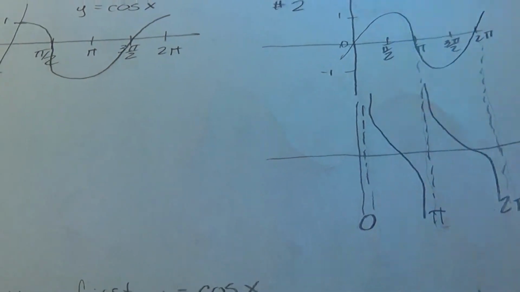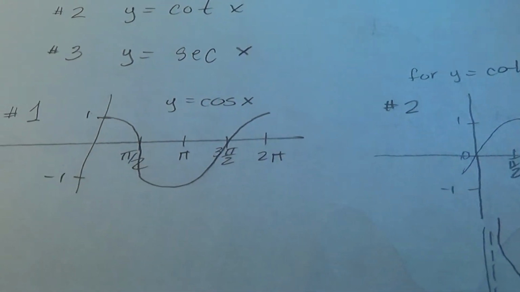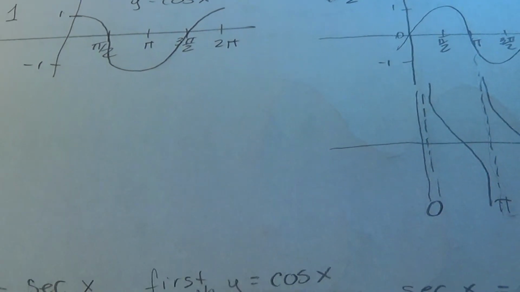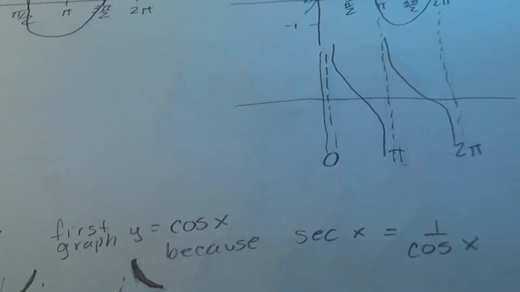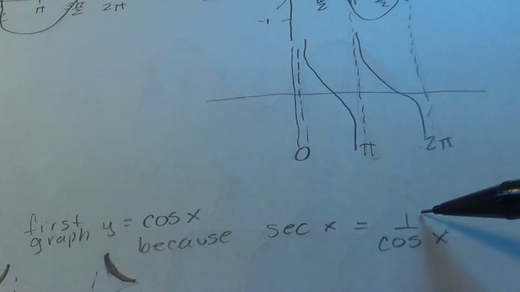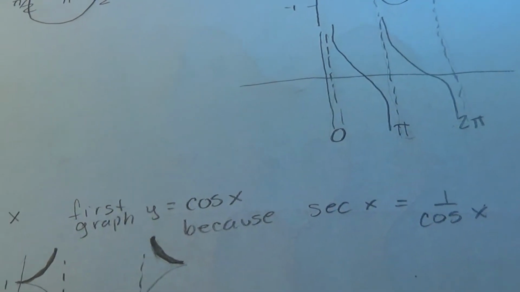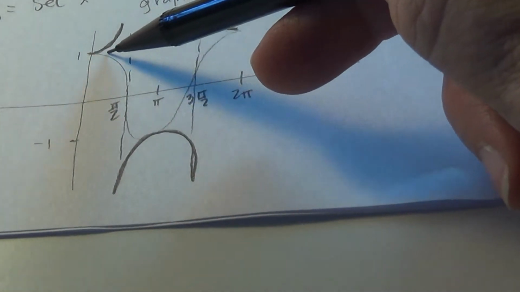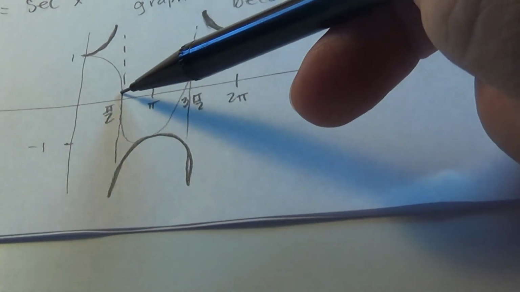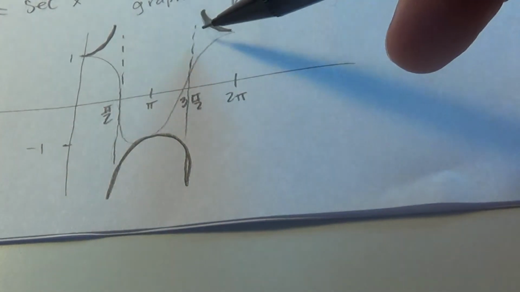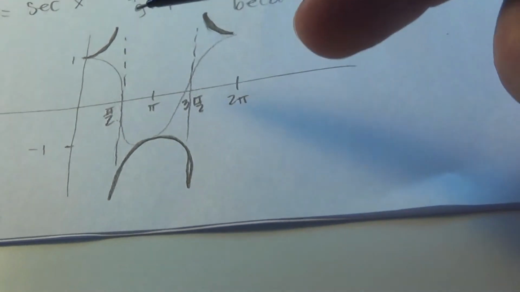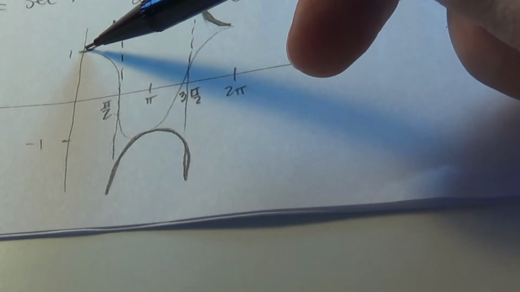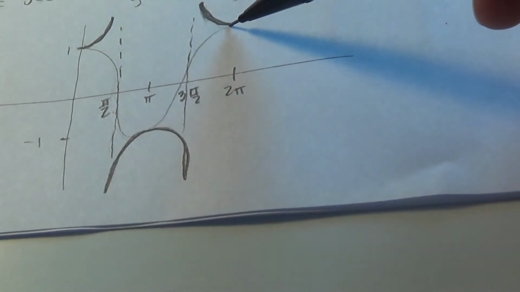All right, now the third one was y equals secant x. So to graph that, you need to graph first the cosine, because secant is the flip of cosine, so it equals 1 over cosine. So when we graph that one, here is my cosine, regular cosine. So where it zeroes out, I put in my asymptotes. I make sure they're labeled, and I know that the cosine goes up to 1 and starts high and ends high.